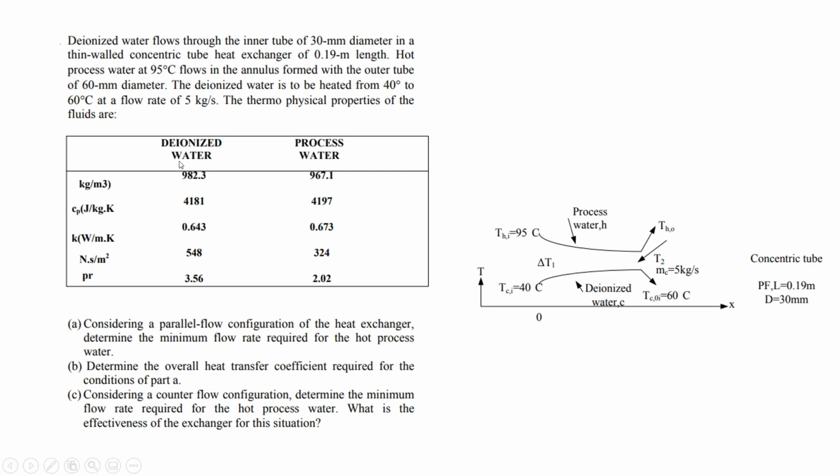And T_c,i of 40 degrees Celsius is given, and T_c,o of 60 degrees Celsius is given. The other parameters are also marked here. So from this only we have to calculate the three problems.